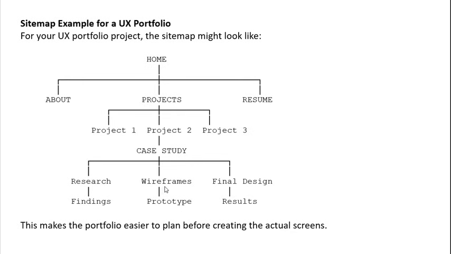Another page shows the wireframes and prototype, and the last shows the final designs and results of your app or website project. This makes a portfolio easier to plan before creating the actual screens.